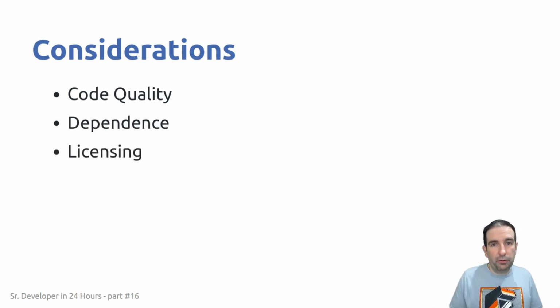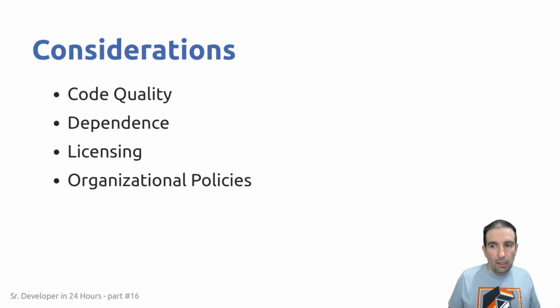Of course, there could be licensing issues. This is something that you have to consider with your organization, potentially involving the legal department to ensure that the code produced by these tools is acceptable within your organization. There are also some organization policies that might be a hurdle in the adoption of these tools.